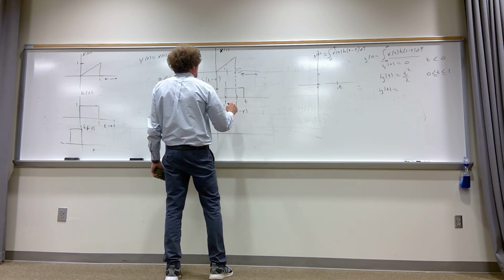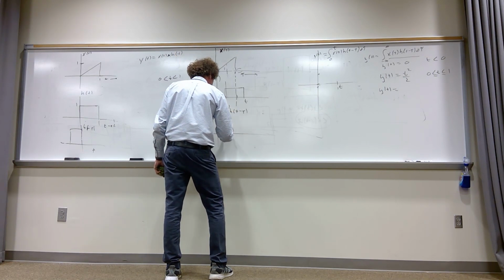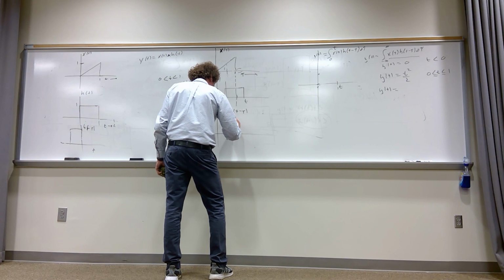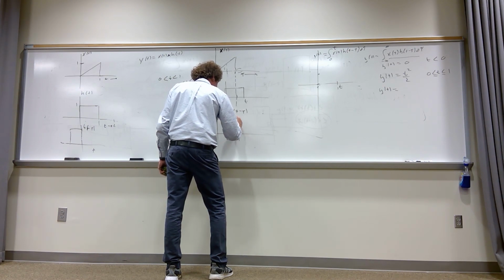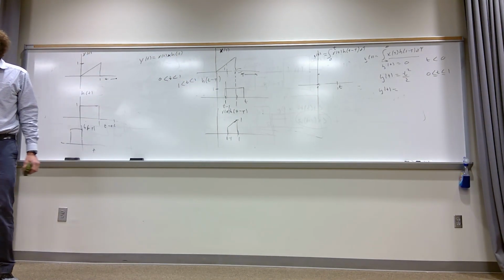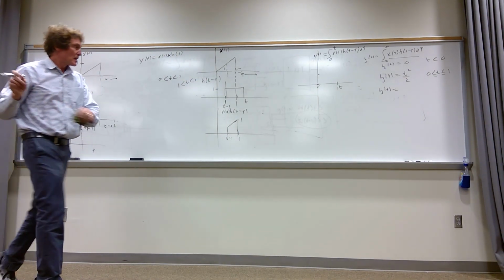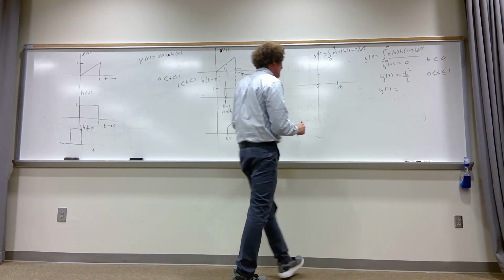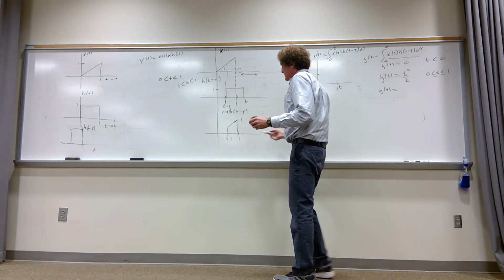Now that product looks like this. This is t minus 1, whatever that value is. And then when I hit 1 here, it looks like this, and this height is 1. Isn't it, class? You all see that? Everybody? All right. So what's that area going to be? Isn't it what?